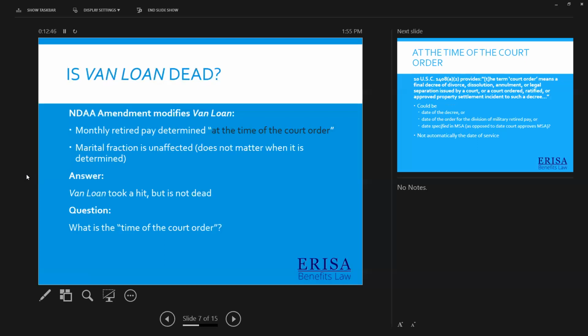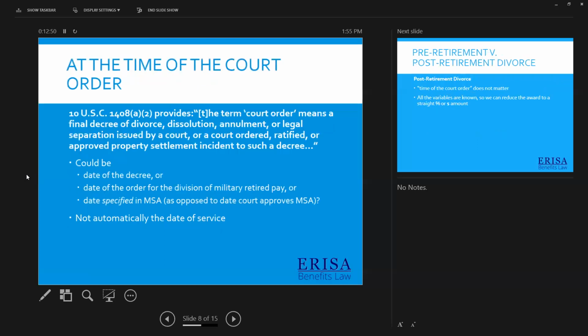So the statute itself defines the term court order, and it means a couple things. Either it's a final decree of divorce, dissolution, annulment, or legal separation case. So that's pretty simple. The time of a decree, dissolution, annulment, or legal separation seems to me to be the date that decree is entered, is issued by the court.